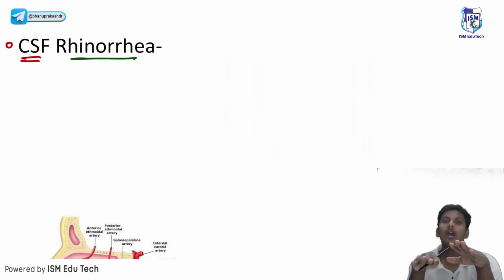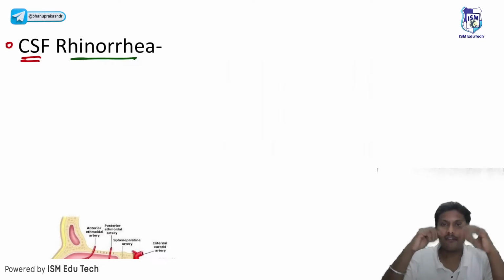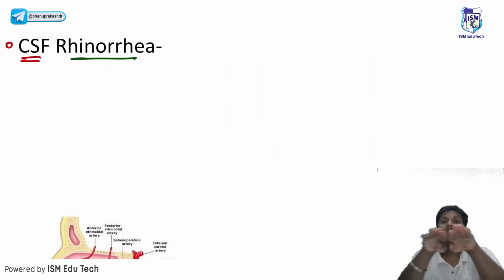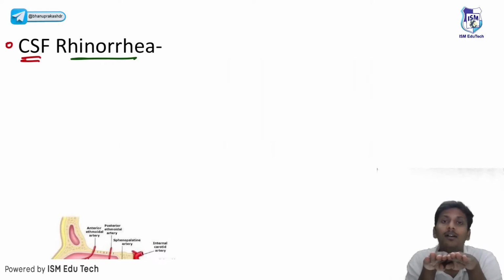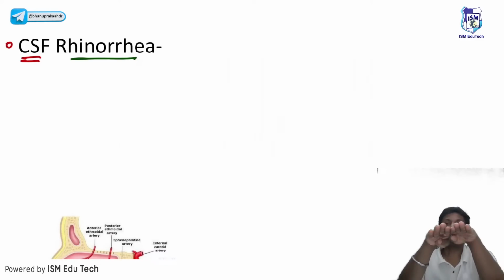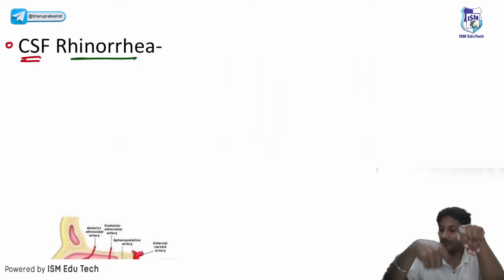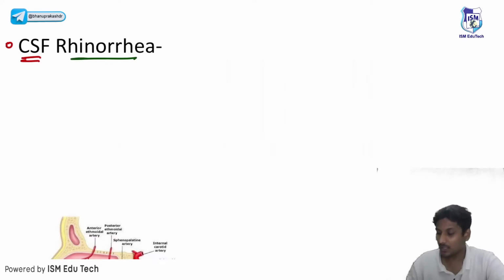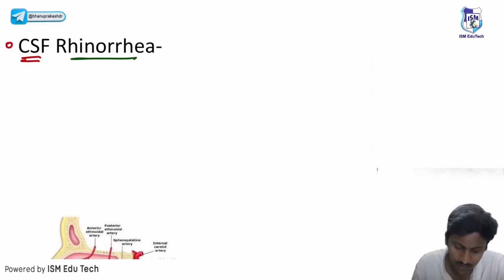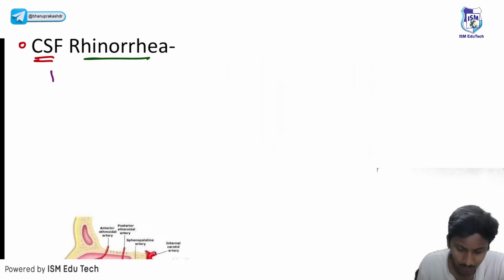Why? Because this is the nasal cavity, this is the cranial cavity. Between the nasal and the cranial cavity, we have a partition, known as the cribriform plate. If the cribriform plate is fractured, the CSF will start leaking out from the nose. The most common cause for CSF rhinorrhea is definitely trauma.